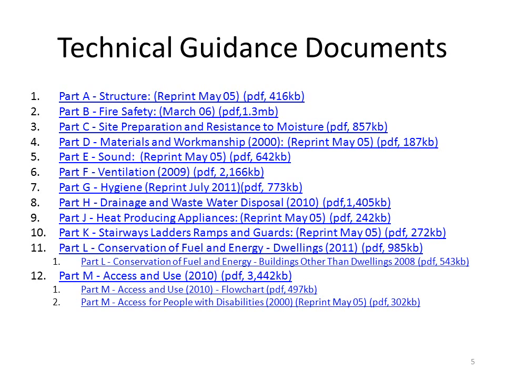Part K, stairways, ladders, ramps and guards. Part L, conservation of fuel and energy in dwellings. And the second part of part L, conservation of fuel and energy in buildings other than dwellings also. Part M, access and use, formerly known as access for people with disabilities.